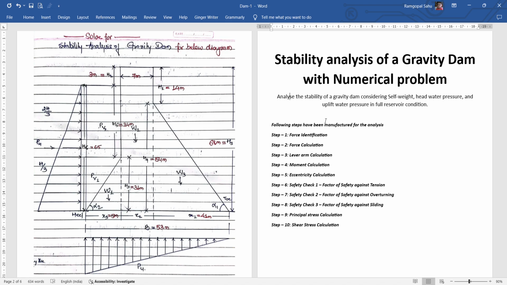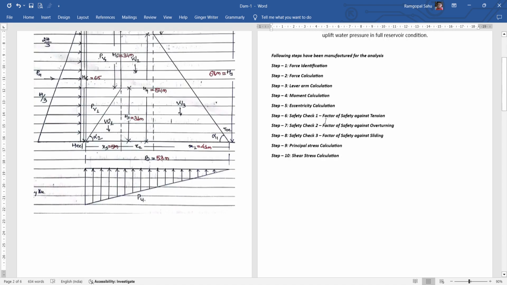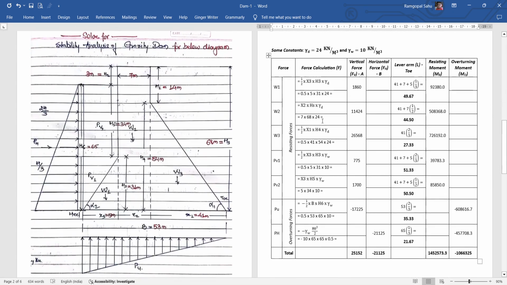On the left hand side you can see the typical diagram of the gravity dam. It includes the pressure diagrams as well as the forces. So let's discuss and identify the forces. We'll first discuss the forces due to the weight of the dam.